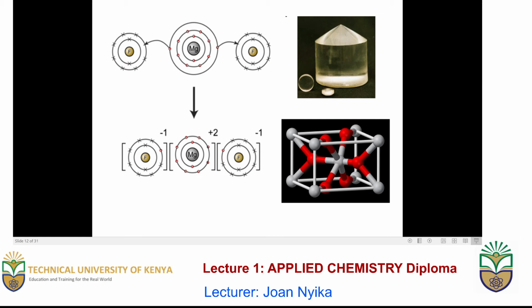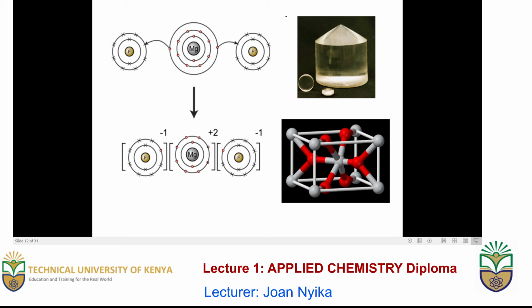The same case occurs for magnesium. Magnesium is in group 2. Remember that in its outermost shell, it has 2 electrons and it needs to transfer them to any other element so that it can be engaged in a reaction. In the case of fluorine, it has 7 electrons in its outermost shell.